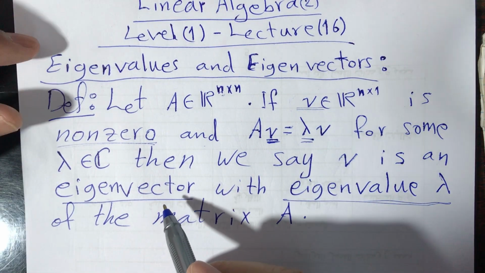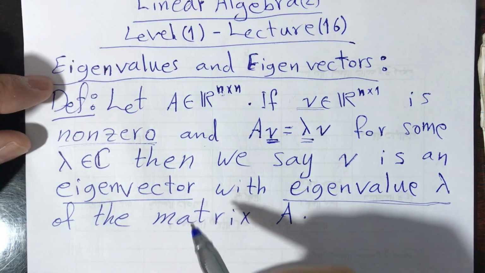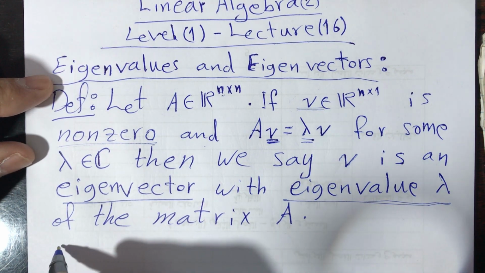This is the definition of eigenvector and eigenvalue.